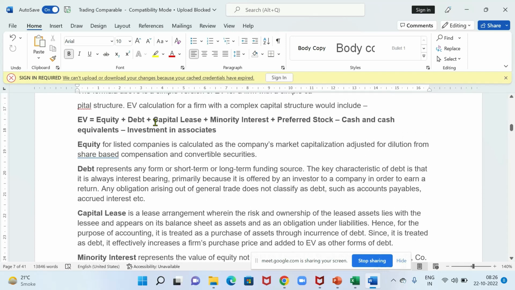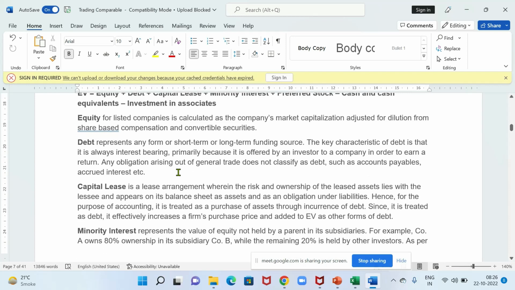We also mentioned capital lease slash operating lease. Basically, leasing is an arrangement where the risk and the ownership of the lease asset lies with the lessee. Lessee is who leases that asset and appears on the balance sheet of the lessee, which is also called as obligations under liabilities. So you'll see operating lease liability under current liabilities as well as non-current liabilities.